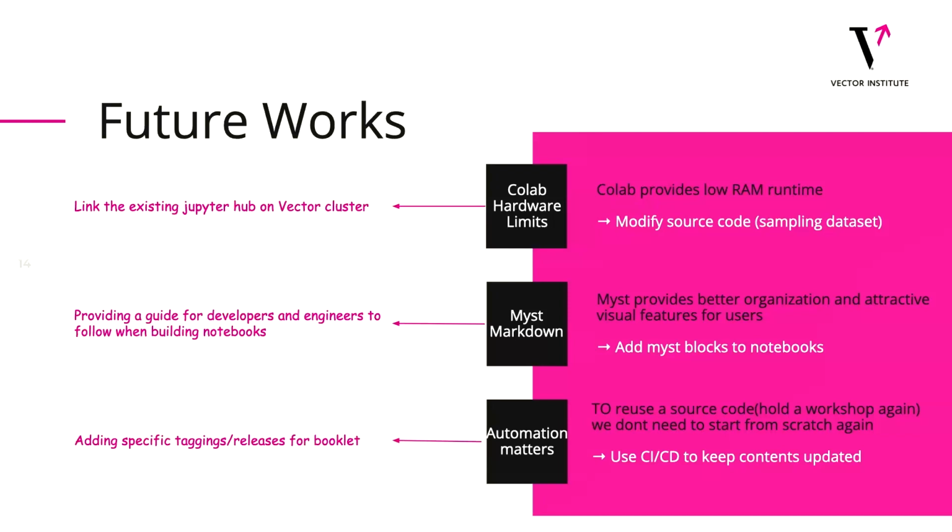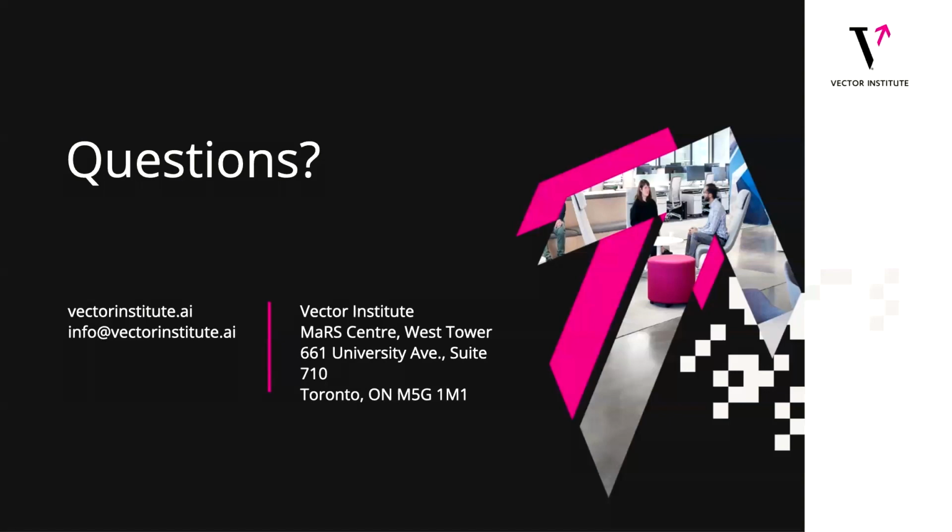And also, we're interested to have a more complicated CI/CD for the workflow. Maybe we can have tagging or different features that Git provides to have a clearer and more structured way of publishing the workshops or repositories that we have. I guess that's the gist of it.